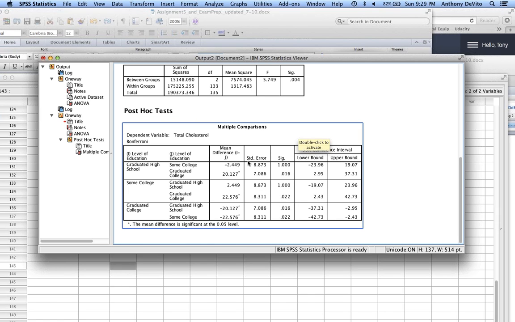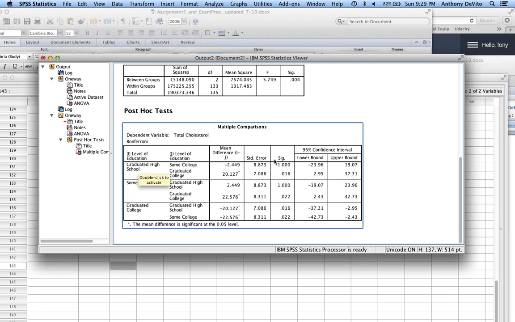So let's go into our post hoc test. Here we are comparing graduated high school to some college, and graduated high school to graduated college. In other words, we are comparing group 1 to groups 2 and 3. Let's see whether the probability of being wrong for each of those comparisons would be less than 5%.